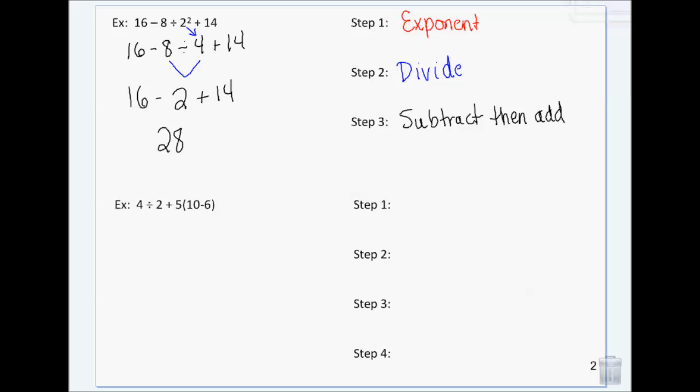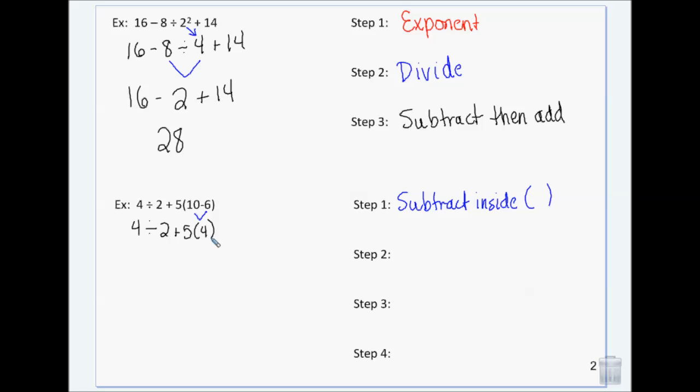Okay, step 1, this time we're going to subtract inside the parentheses. Okay. I've got division and I have multiplication.